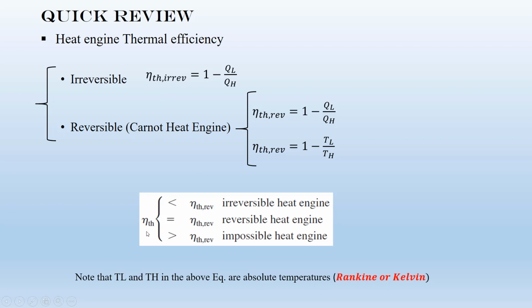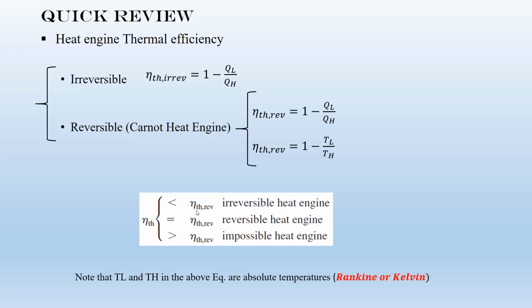If the thermal efficiency of the given system is lower than the thermal efficiency of the reversible heat engine, then your given heat engine is an irreversible heat engine. If the thermal efficiency of the given heat engine equals the thermal efficiency of the Carnot heat engine, then your heat engine is a reversible one.